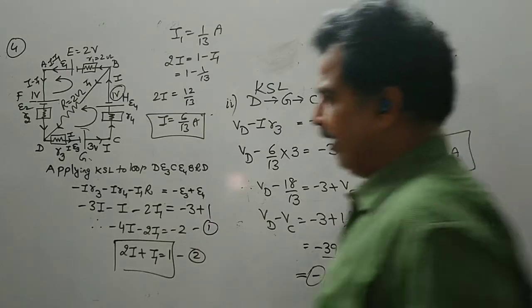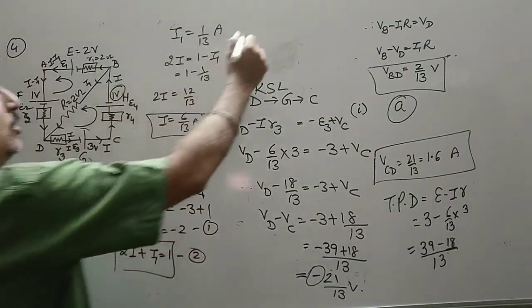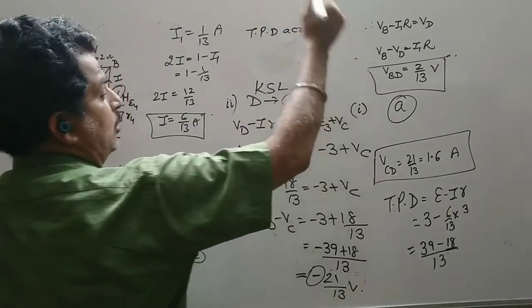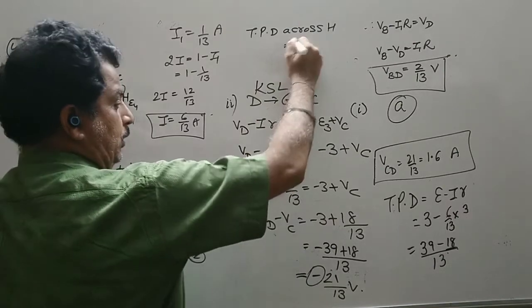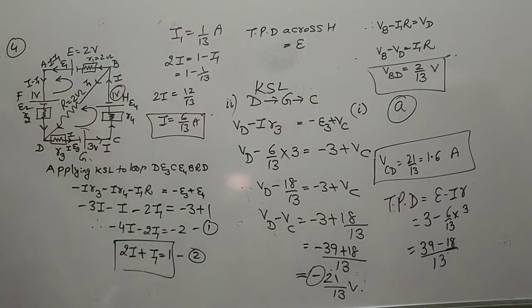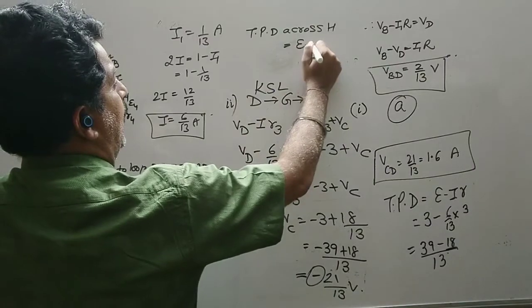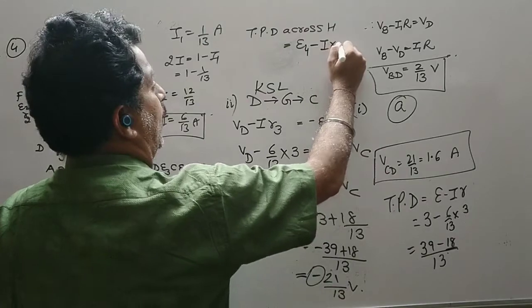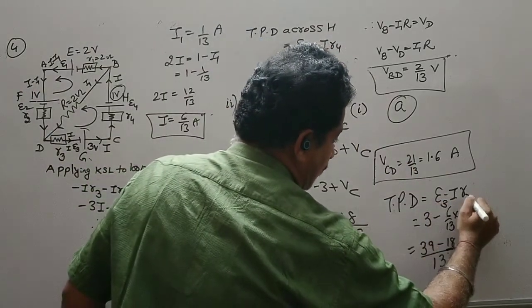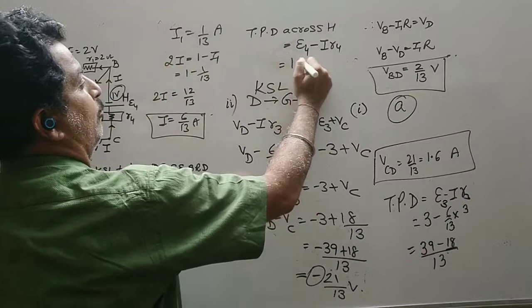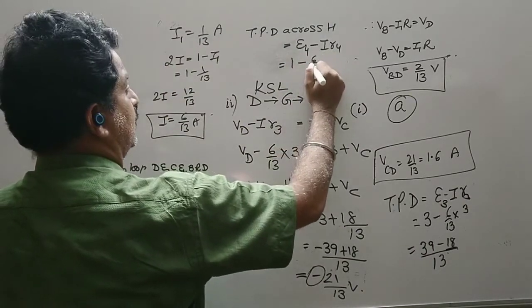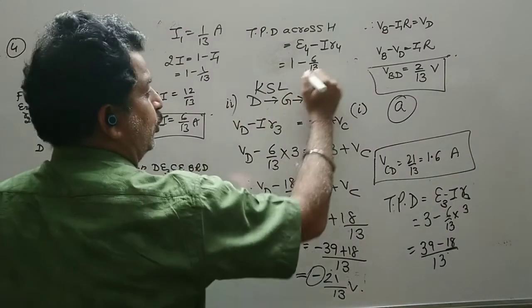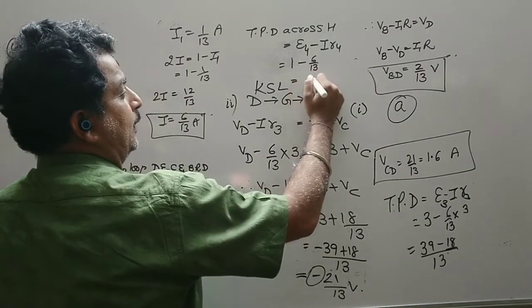Similarly, you can find out the terminal potential difference across H. The terminal potential difference across H will be equal to its EMF, E4, minus I, the current flowing, into R4. So what is E4? 1 volt, minus I, 6 by 13, times R4, that is 1 only.